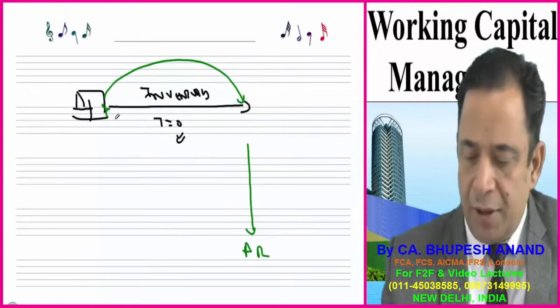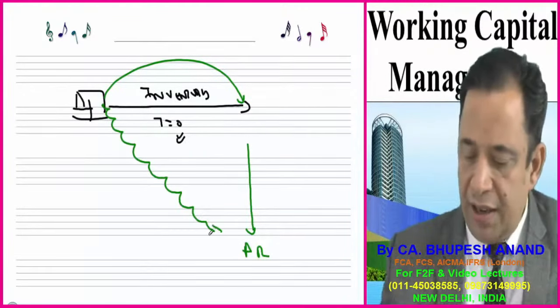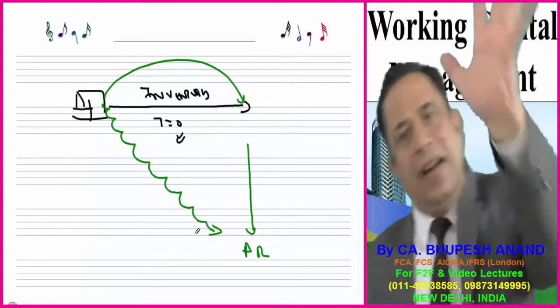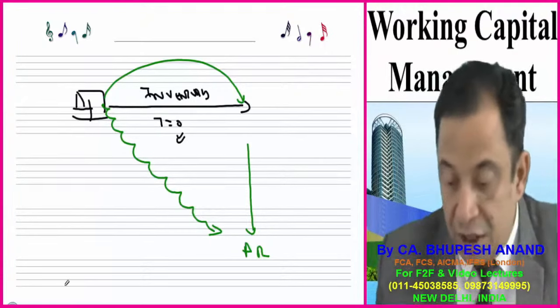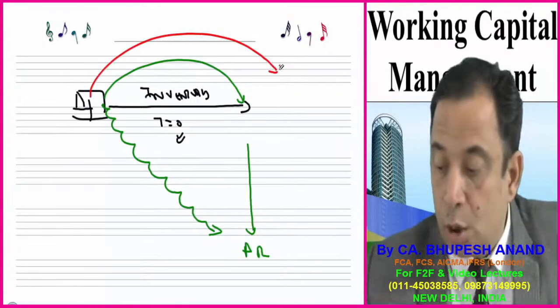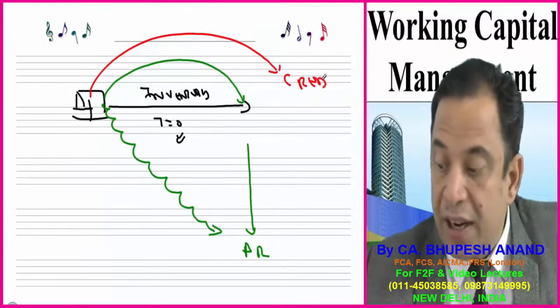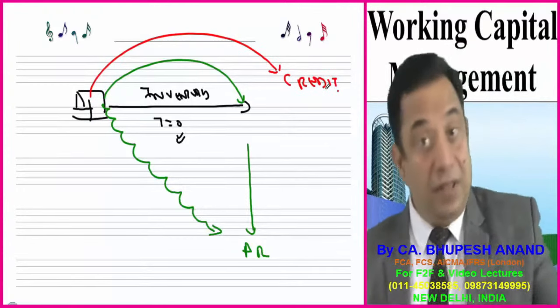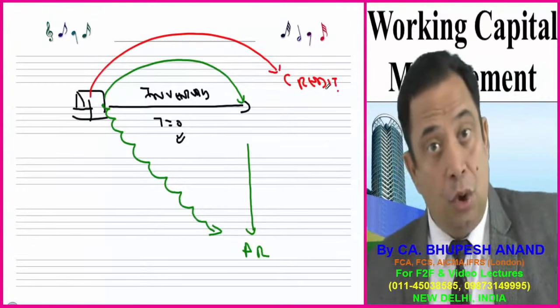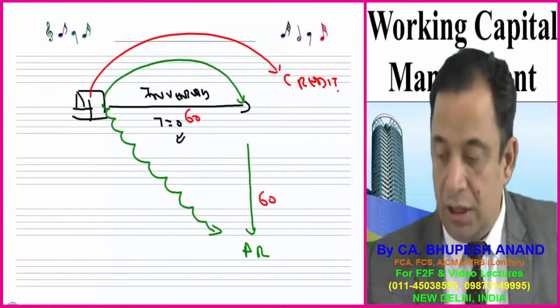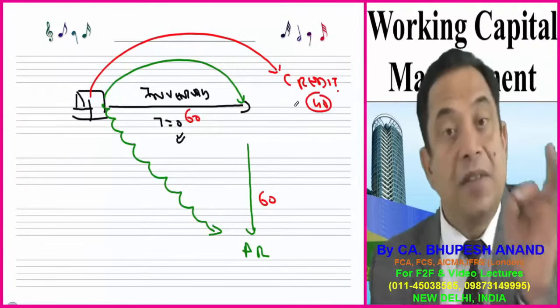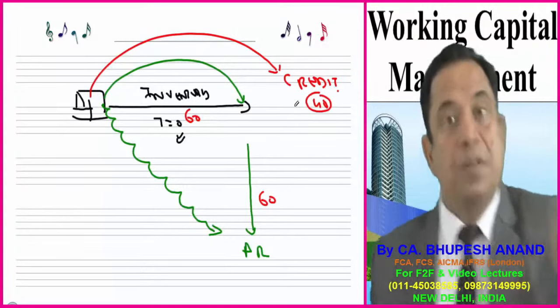The journey from here to here is the operating cycle. But in a real case, this entity can also get inventory on credit. We have just discussed the creditors turnover ratio. I have assumed 60 days here and 60 days here, and supposedly 40 days is the credit period given by suppliers.